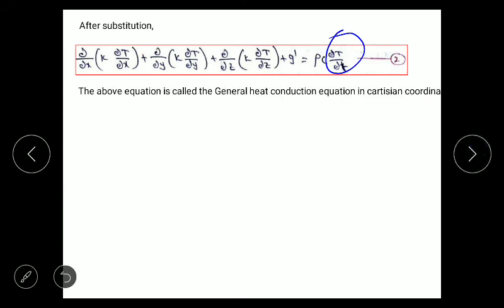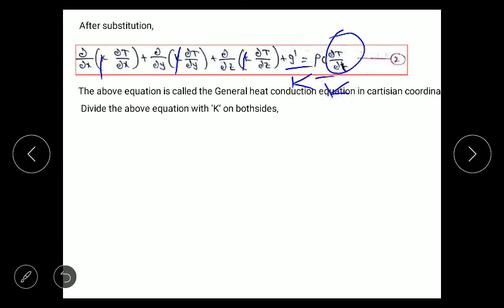The equation is further simplified by dividing the entire equation by the thermal conductivity K on both sides. Then here also one K gets cancelled, K gets cancelled, K gets cancelled. g dash by K is equal to rho C by K into dou T by dou t.